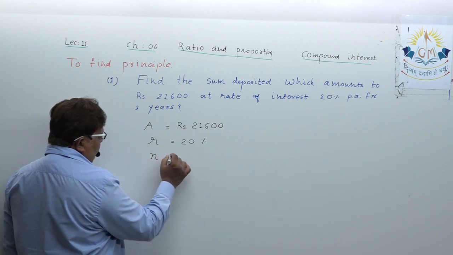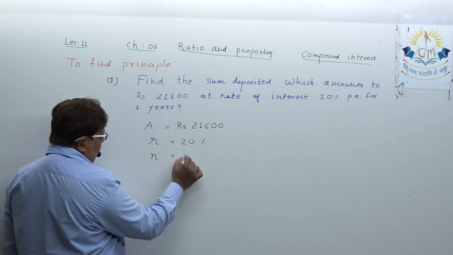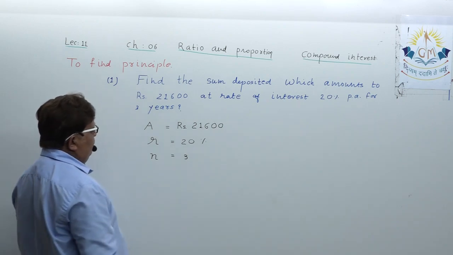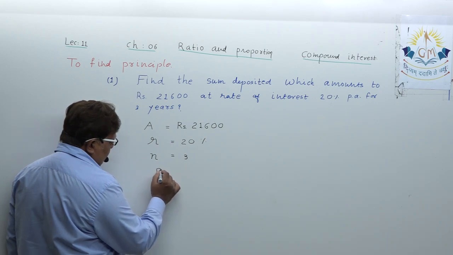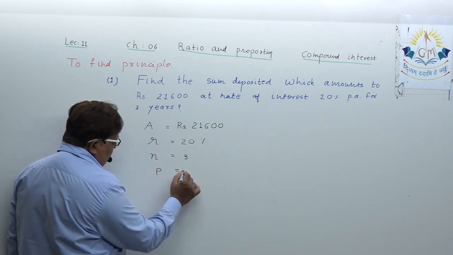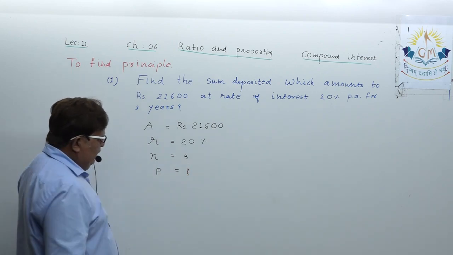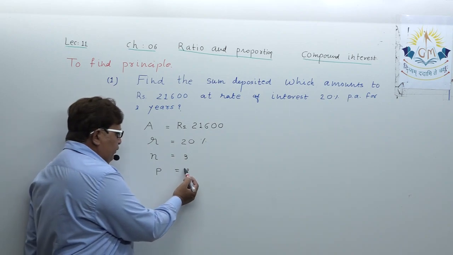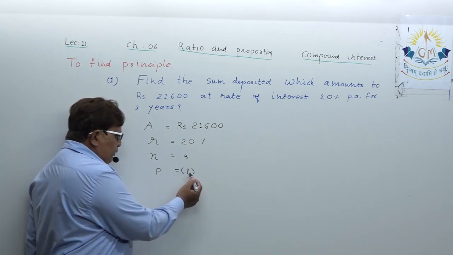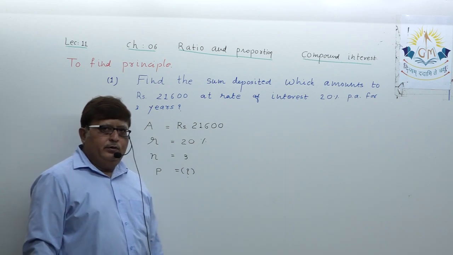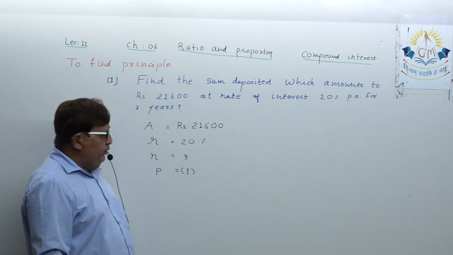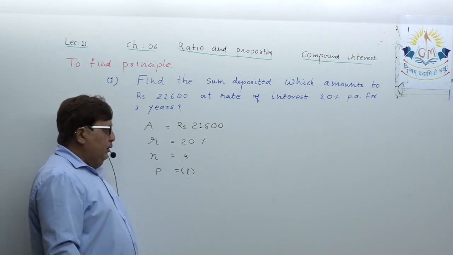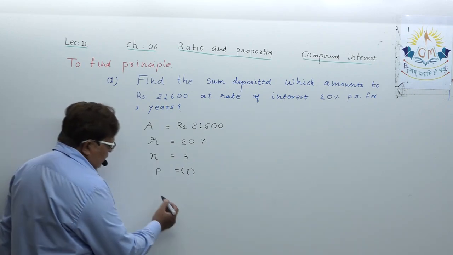Number of period, that is 3 years, available to us. And dear student, you are looking to find the sum deposited, that you are looking for finding the principal.